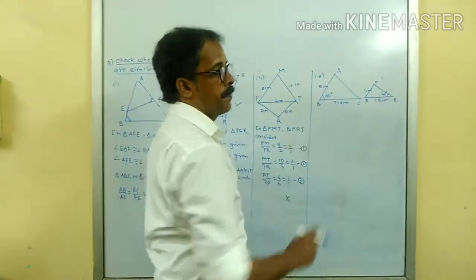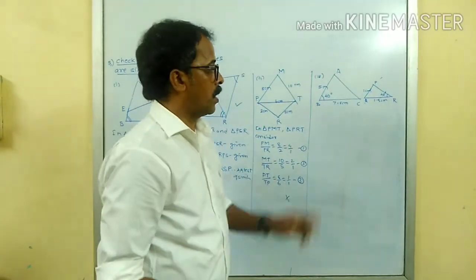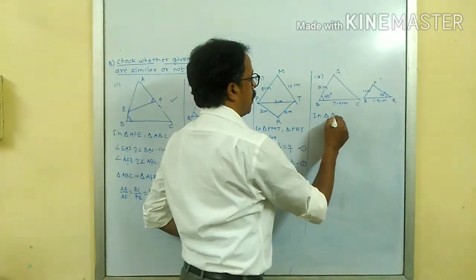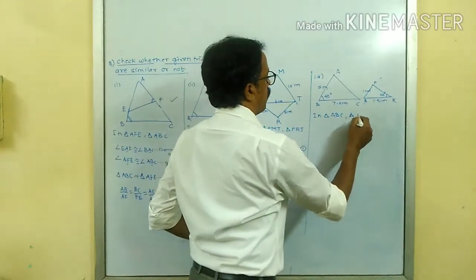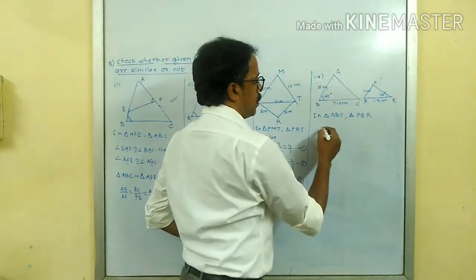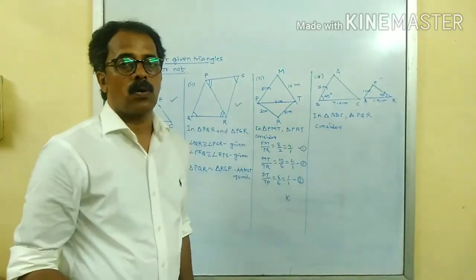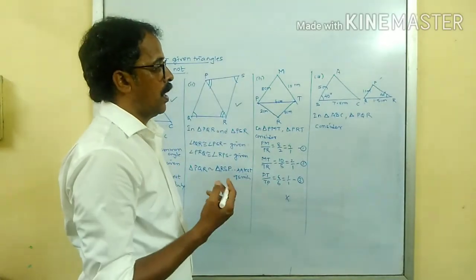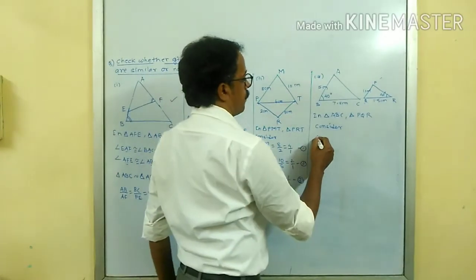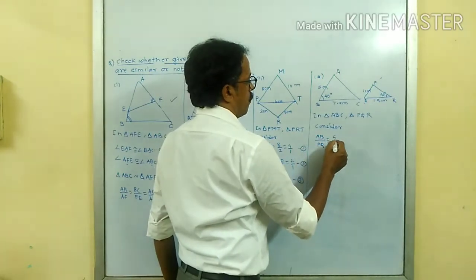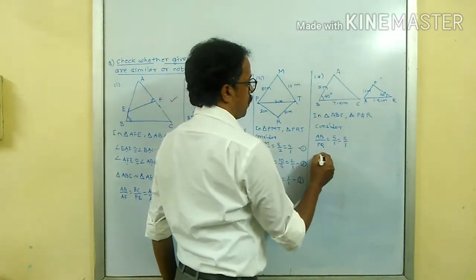Now what about this? Here we could see that two sides are given to you. So again I could consider triangle ABC and triangle PQR. Now to check whether the given triangles are similar or not, two sides and one angle are given to you. Given is AB upon PQ is 5 upon 1.